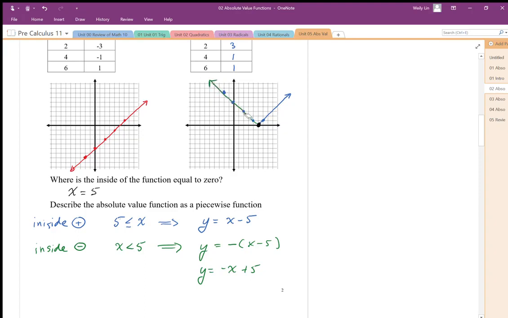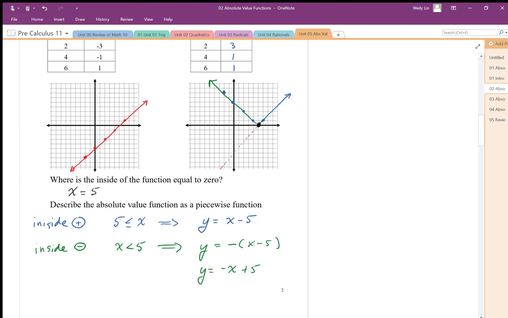And for this domain, although the domain stops here, because remember that's only for when x is less than 5, it's going to be this straight line, negative x plus 5. And from this boundary point to the right, or the domain is bigger than or equal to 5, it's going to just behave with slope 1 and y-intercept of negative 5. So if I just trace that back, my original function, yeah, there it is.